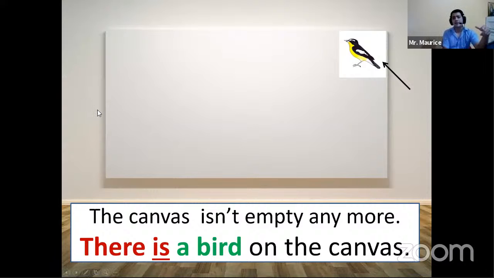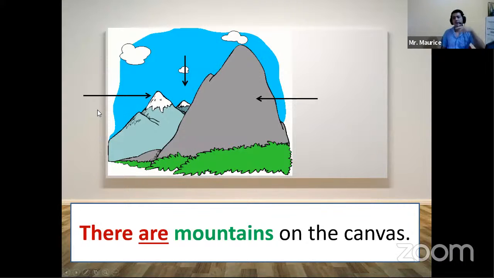Let's see the other example. Look, in this picture, we have 3 mountains. 3 montañas. It's plural. Para decir hay 3 montañas, ese hay va a cambiar.